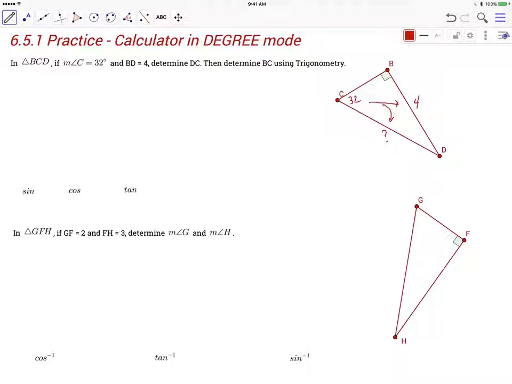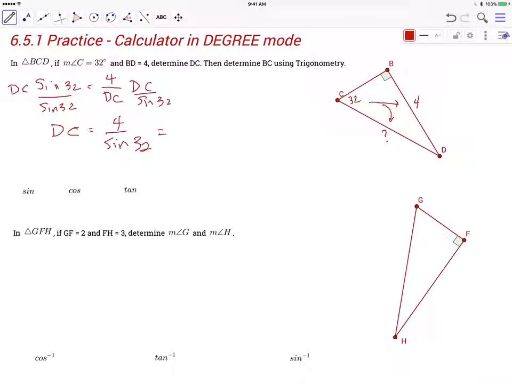So that would mean sine. So we set up the situation of sine 32 is equal to 4 over DC. Right? If you multiply both sides by DC, and then we will divide both sides by sine 32 at the same time, we end up with this nice thing where DC is equal to 4 over sine 32.